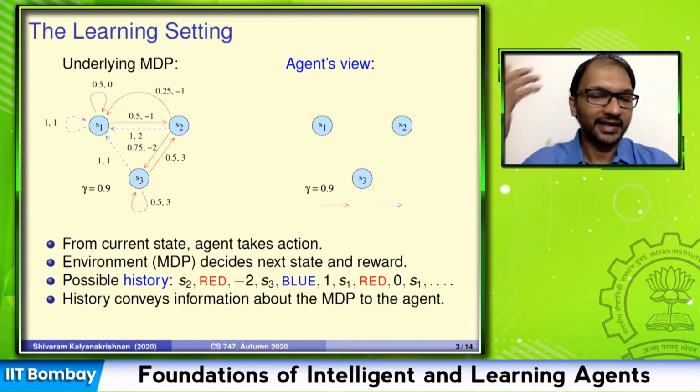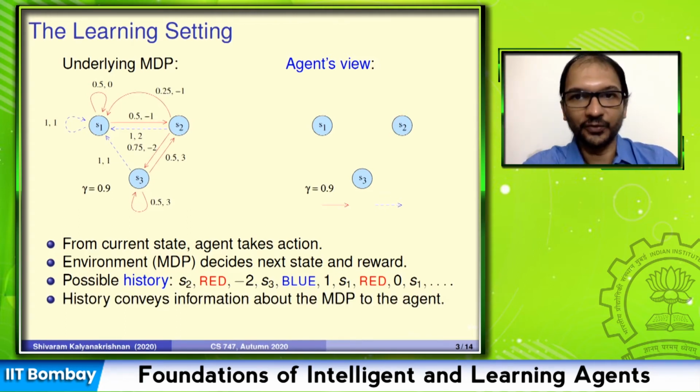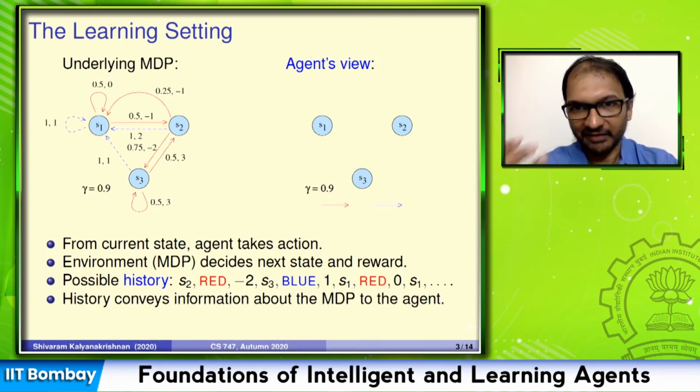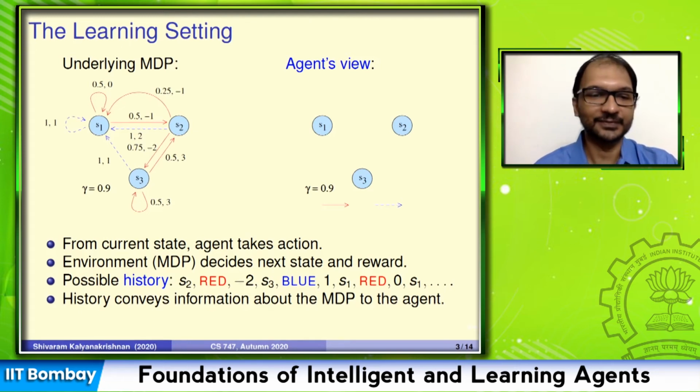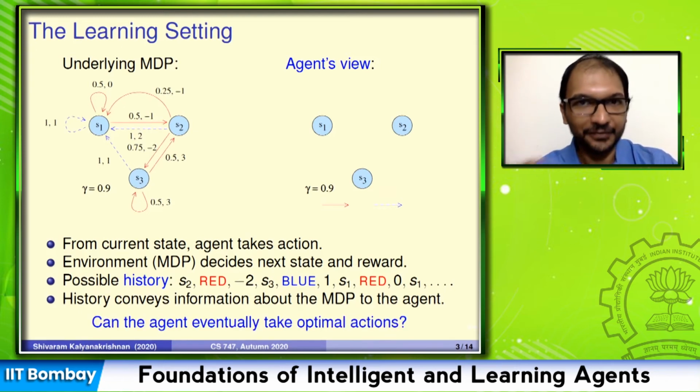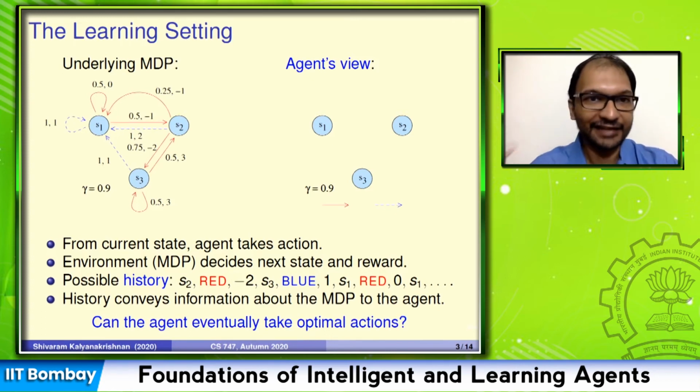So the point here is that what it has seen so far, the sequence of interactions that the agent has encountered, or the history, conveys some information about the underlying MDP to the agent. And the question is, with enough such information, if it lives in this world long enough, with a long enough history, will the agent eventually be able to take optimal actions?